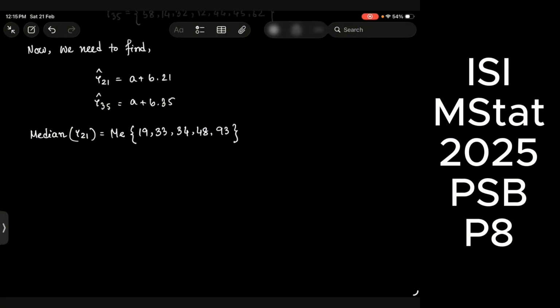What is the median over here? Tell me. 34.